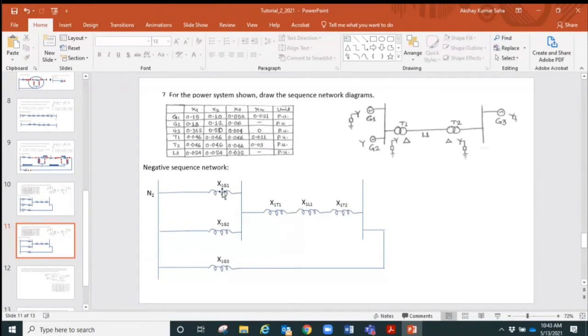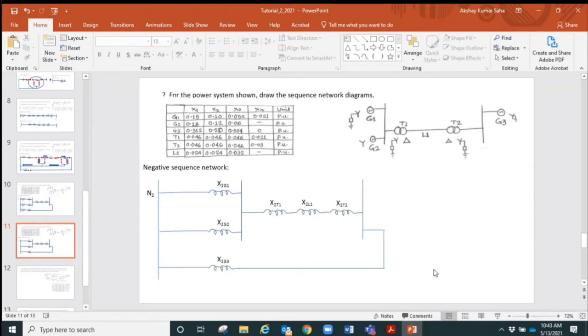For the negative sequence network, we're showing the negative sequence reactances. So this should be X2 of G1, X2 of G2, X2 of G3, then X2 of the transformer 1, X2 of the line 1, X2 of the transformer 2, and all other connections remain the same.